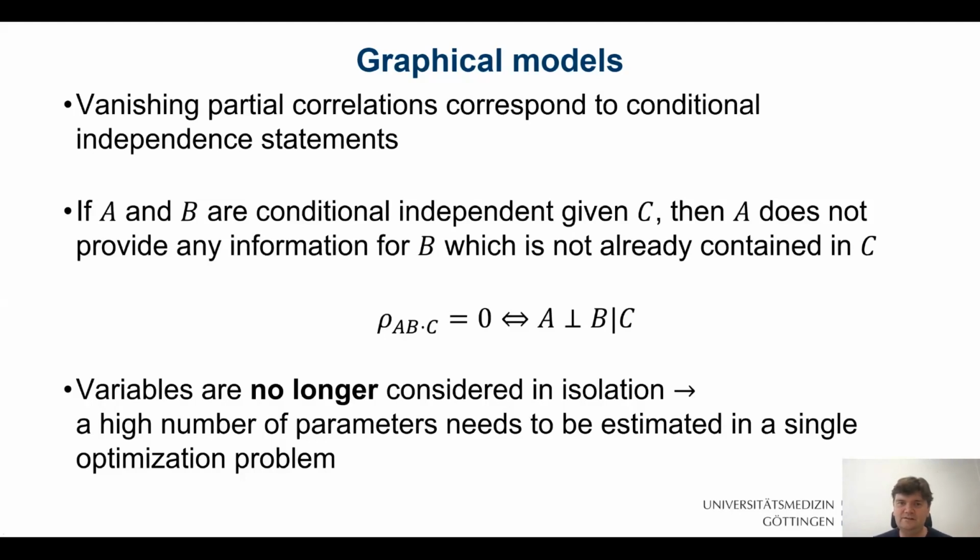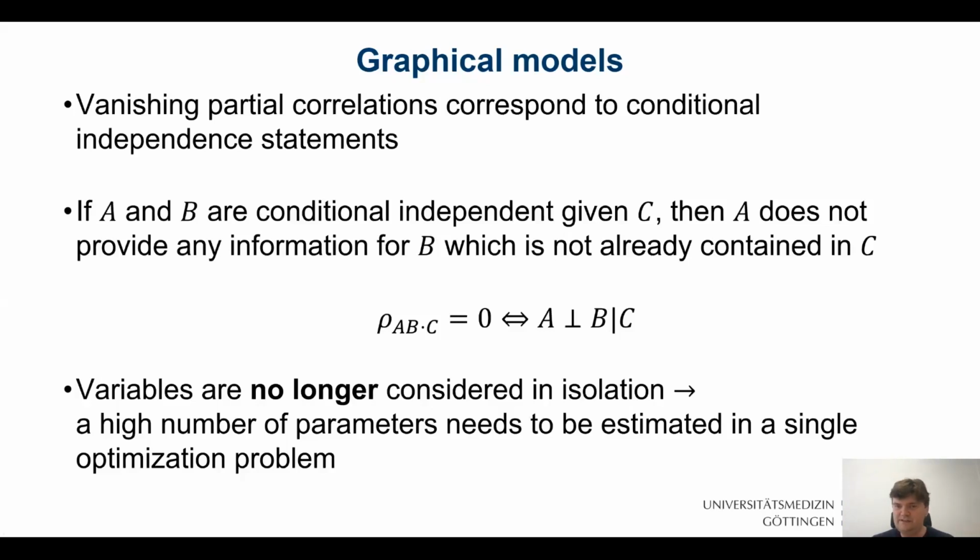It reads: if A and B are conditionally independent given C, where in our previous example C was the regulator, then A does not provide any information for B which is not already contained in C. That's written here on the right side as a formula, and that corresponds to vanishing partial correlations. And basically these graphical models aim to estimate conditional independence statements.